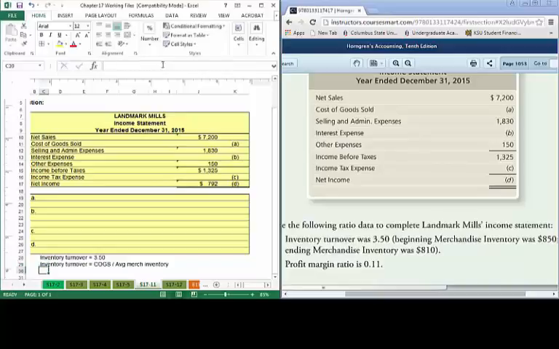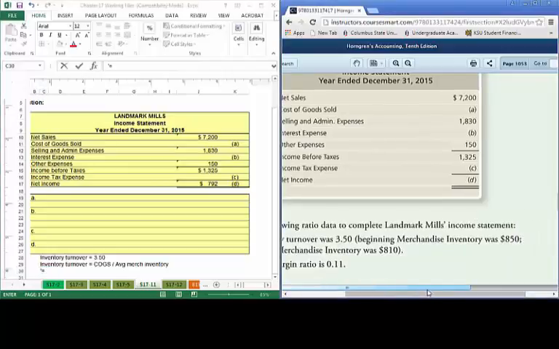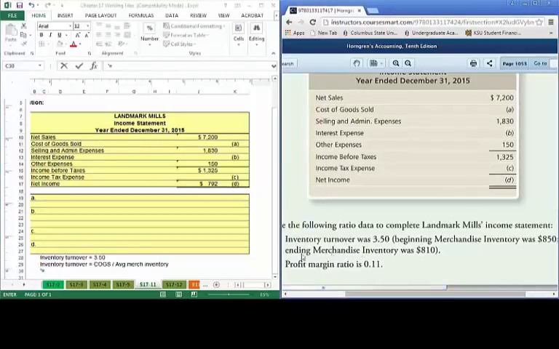And they told us that inventory was 850, and then beginning and ending was 810. So I don't know what cost of goods sold is. That's what I'm trying to figure out. And I've got beginning of 850 plus 810 divided by 2 is my denominator.